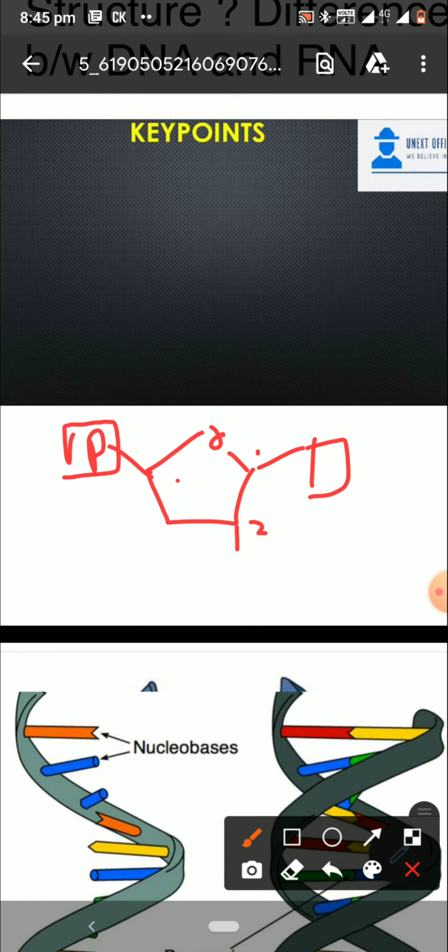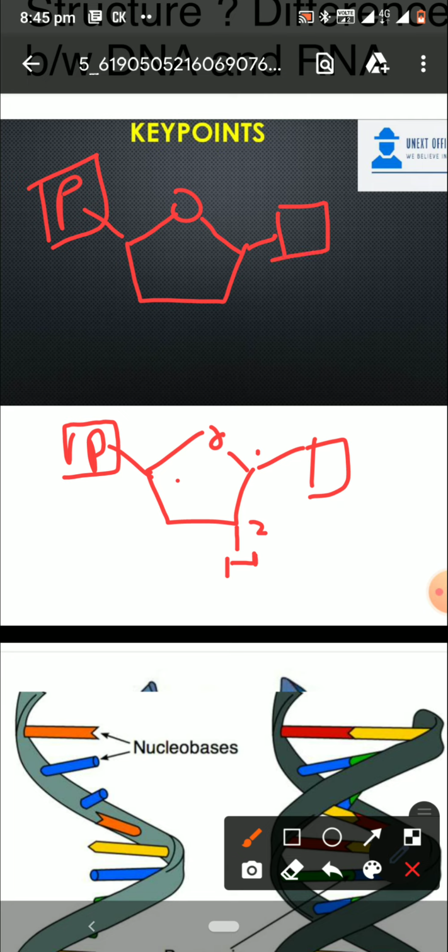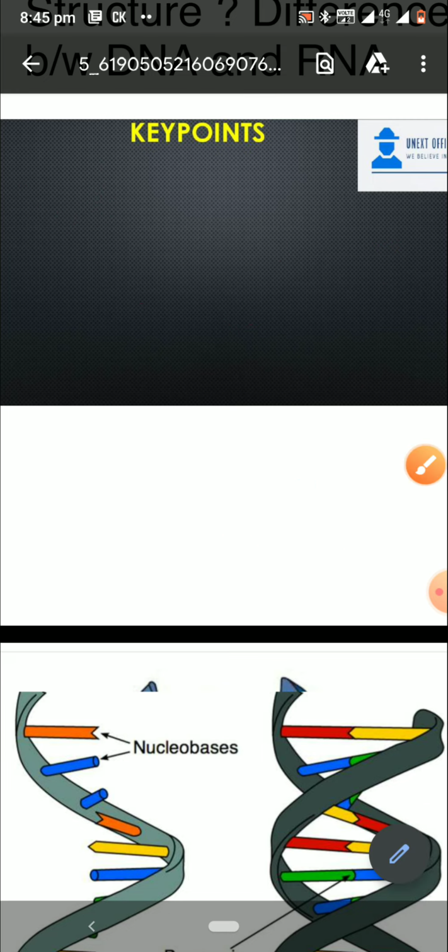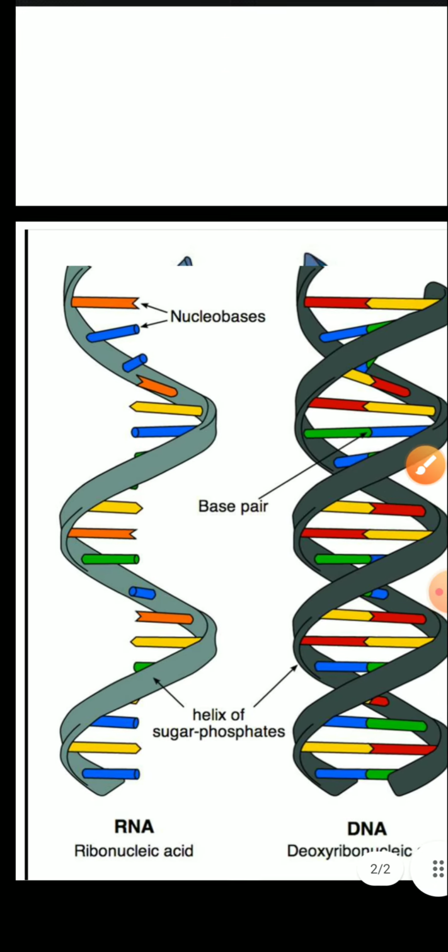In DNA, the second carbon atom is attached to the hydrogen, whereas in RNA, similarly ribose sugar is attached to phosphate group and it has a nitrogenous base, whereas the second carbon atom is attached to OH group. So this is RNA and this is DNA. So that's the difference in the sugar.